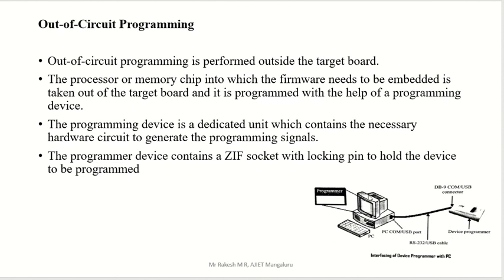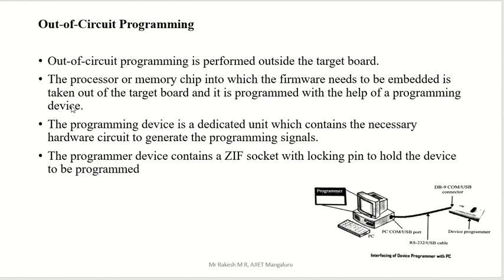So here your computer is there, your code is ready, you want to dump that code inside the embedded device. So directly we can't go for the embedded device with the use of the computer. For that purpose, the processor or memory chip into which the firmware needs to be embedded is taken out of the target board, and it is programmed with the help of a programming device.